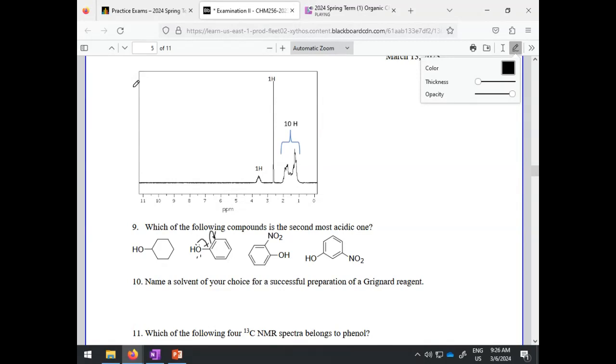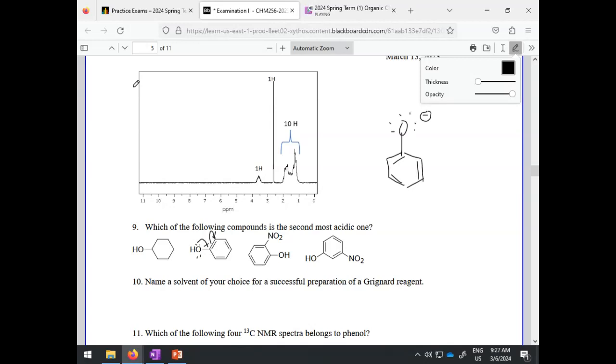So that makes this OH bond, or maybe simpler if you look at their conjugate bases, the acidity of those acids is directly related to the basicity of their conjugate bases.